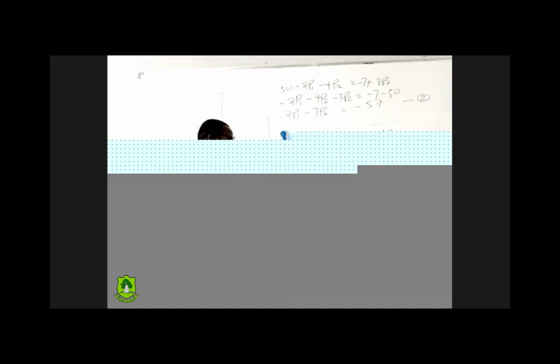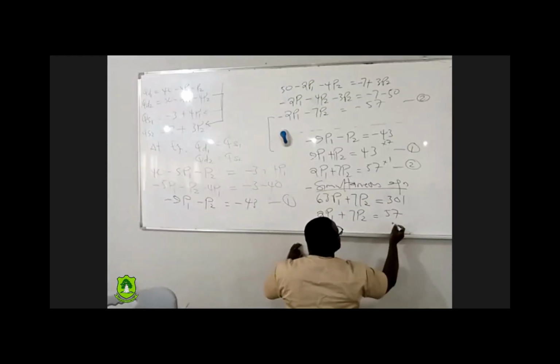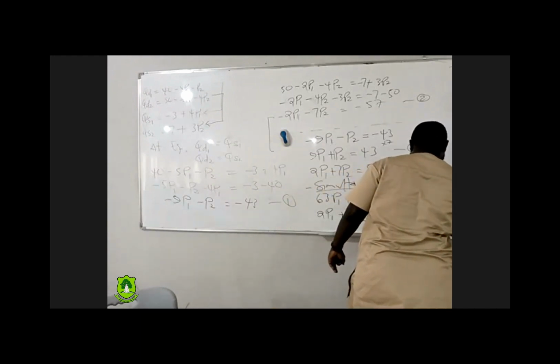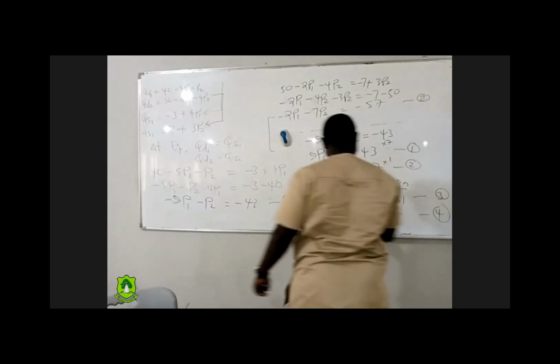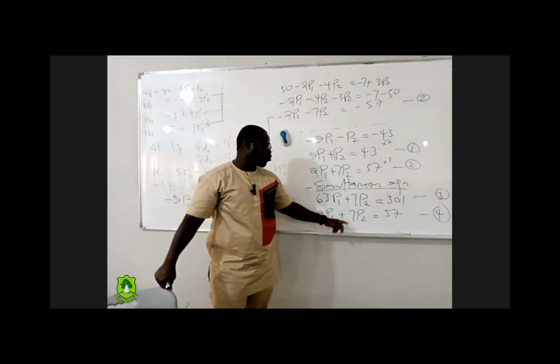So equation 2, this one times 1, we will still have 2P1 is equal to 7. So maybe equation 3, equation 4. So this and this we want to eliminate. What do we do if we want to remove this one?